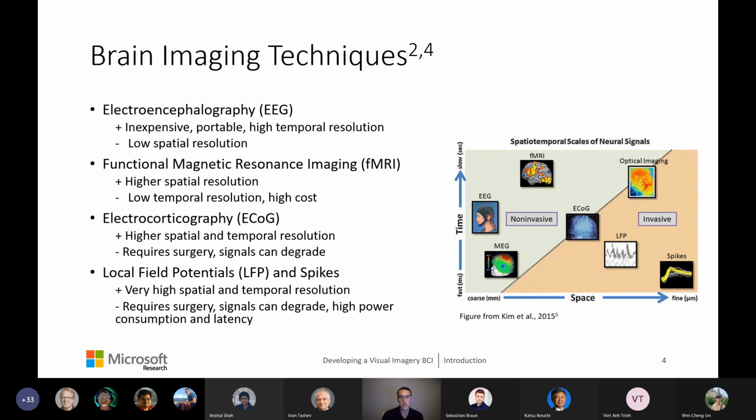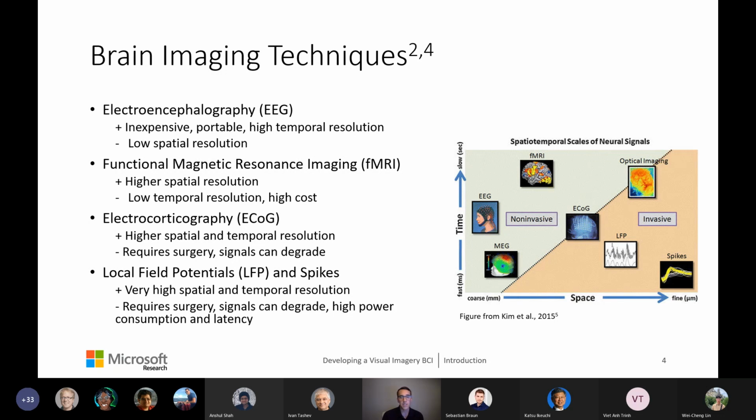However, it does require invasive surgery, which has its own inherent risks like infection. Also, these electrodes can't be left in for a very long period of time because, as the body reacts to this foreign object in the brain, you might have scar tissue buildup that can cause the signals to degrade over time.